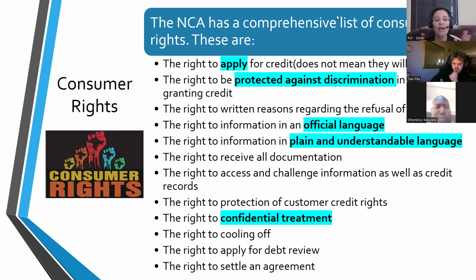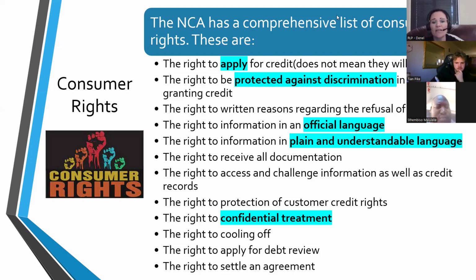Okay. The right to receive all documents, the right to access and challenge information, as well as credit records. So basically, if you feel that the information that the credit bureau has on record about you is incorrect, you are allowed to ask them to change it, but you have to supply proof that that information is actually incorrect.